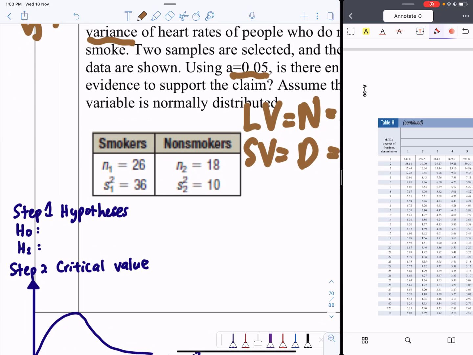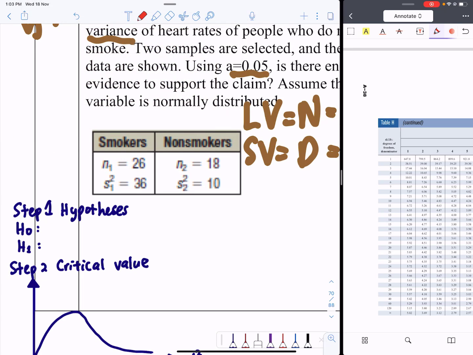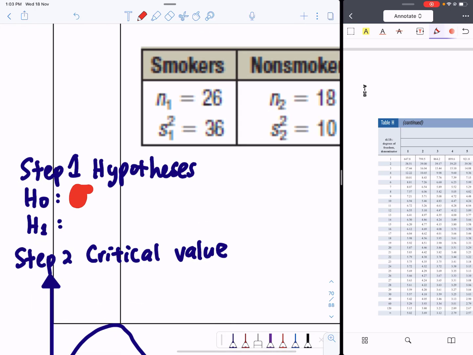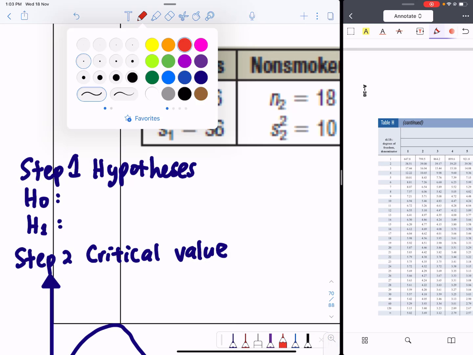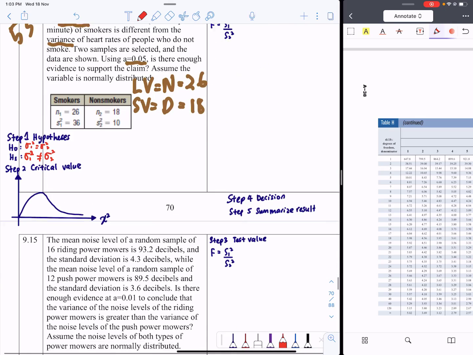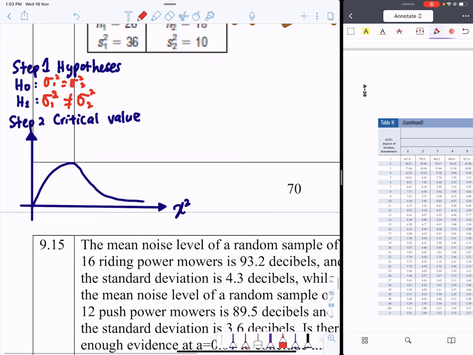Now we go to step 1. What is the hypothesis? Variance 1 equals variance 2. Variance 1 not equal to variance 2. We have the two tail here.